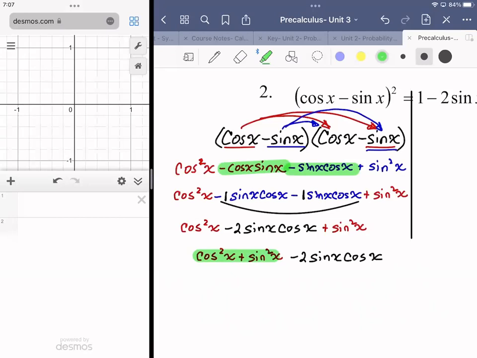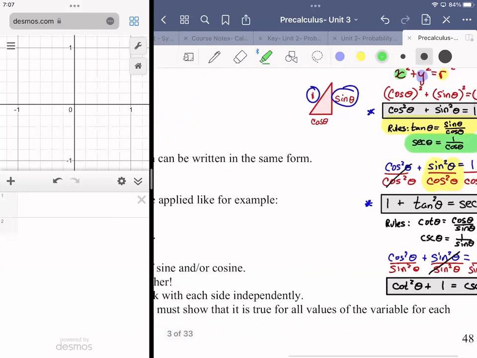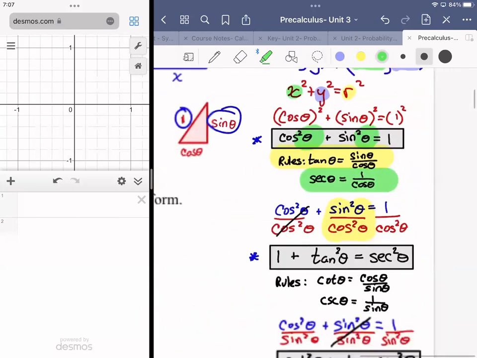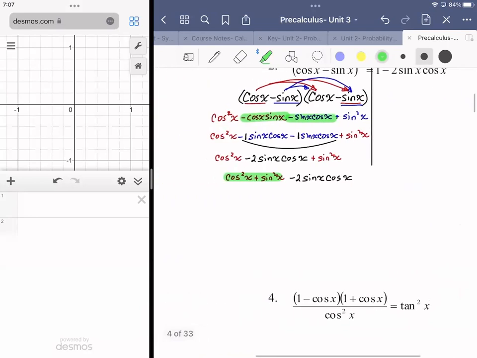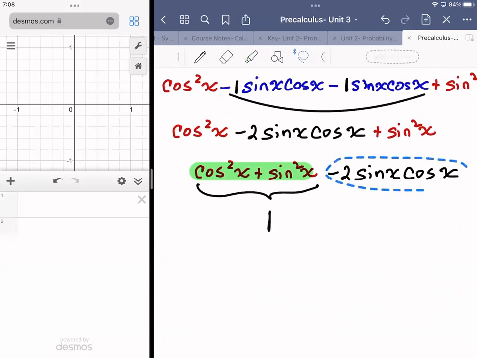Cosine squared plus sine squared. We're just missing the other half of that identity. So the rule here is kind of going back. Cosine squared, well, regardless of what the variable is, cosine squared plus sine squared is equal to 1. So this whole expression here is going to amount to just a 1. And everything else comes along for the ride.